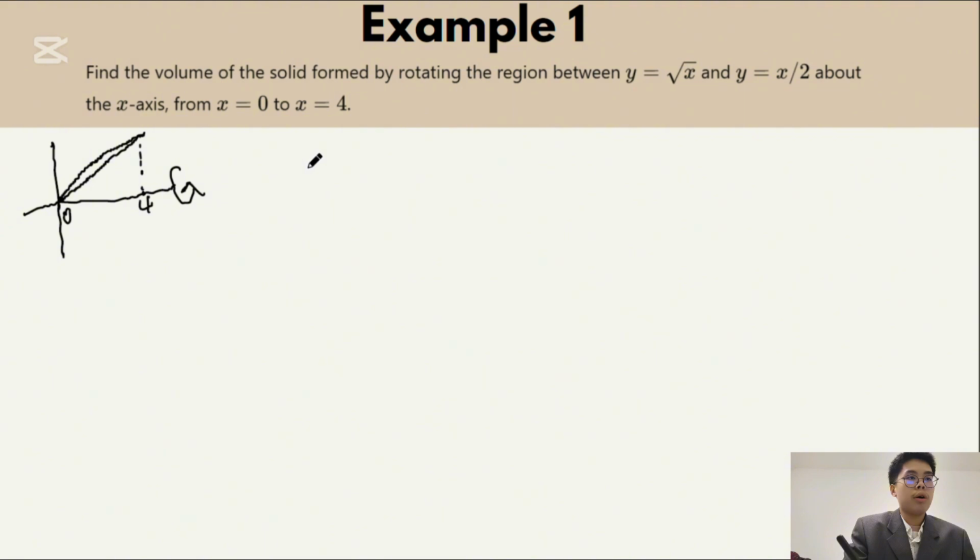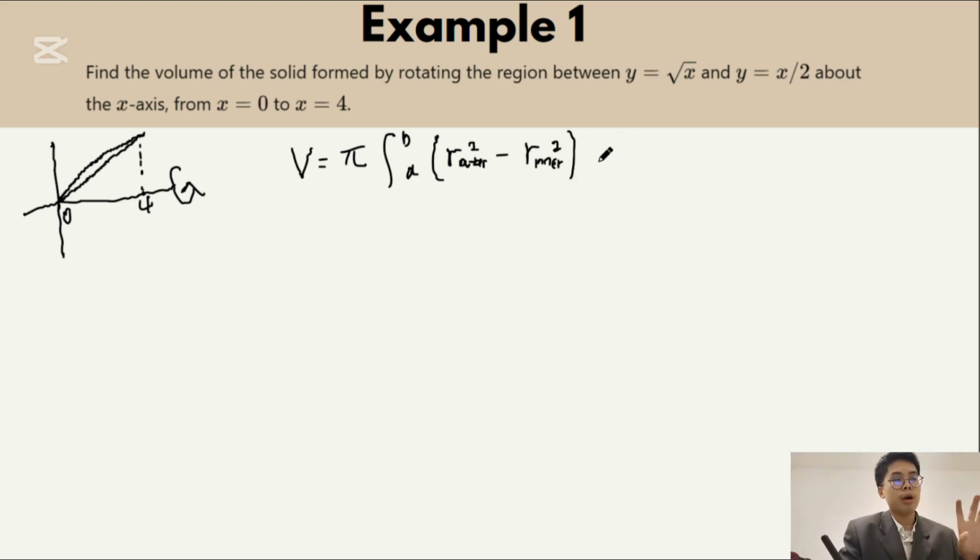The formula is pi times the integral from the lower limit to the upper limit of the outer radius squared minus the inner radius squared, and the thickness of the disk that we're going to divide is called delta x. Then from the picture, we know that the upper limit will be 4 and the lower limit will be 0.